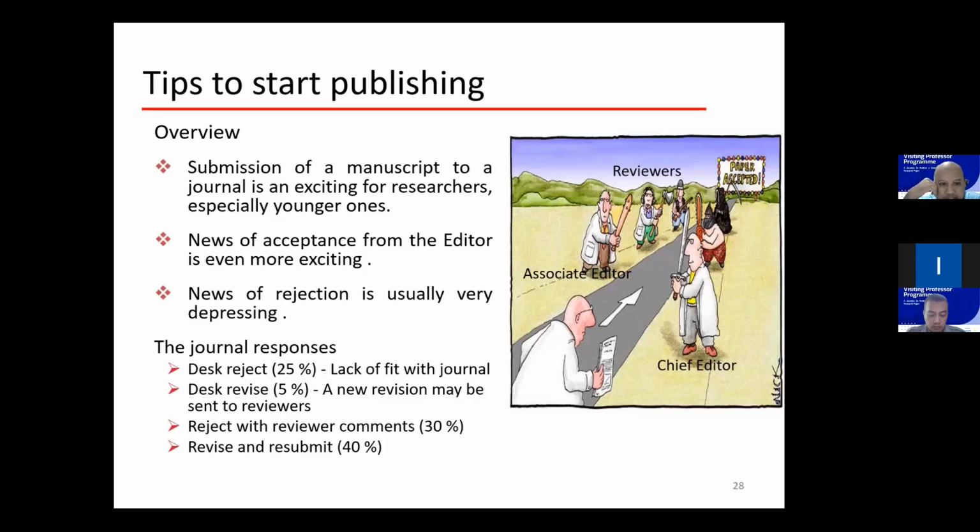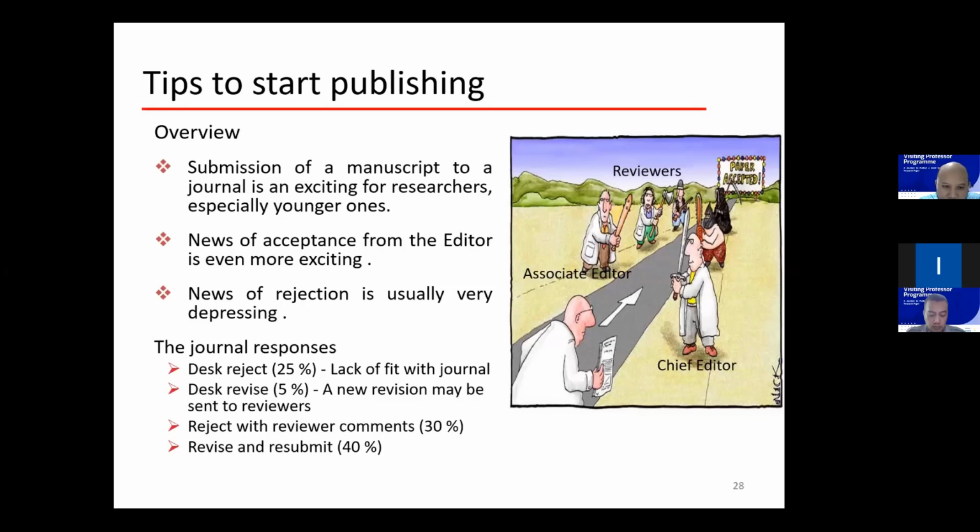So in general, the general response: 20 to 25% is desk reject, meaning this is at the chief editor. The chief editor will look and see if it does not fit the journal scope, they will reject immediately.